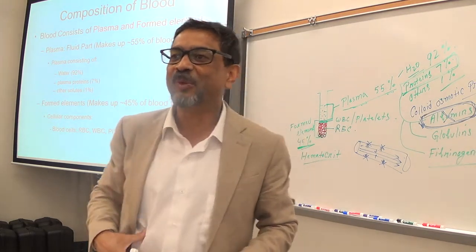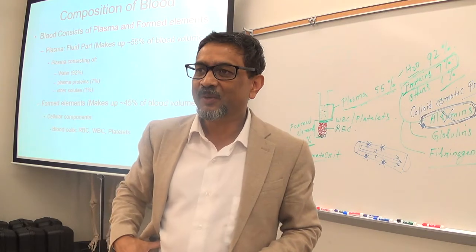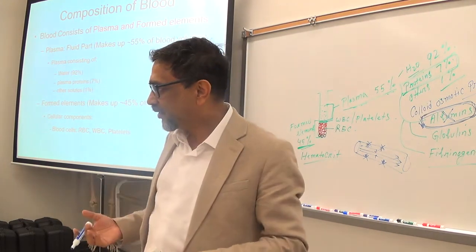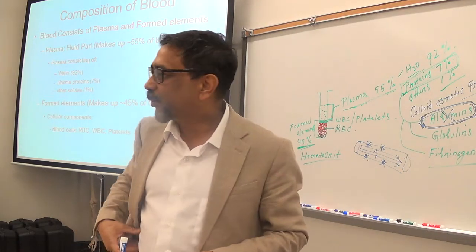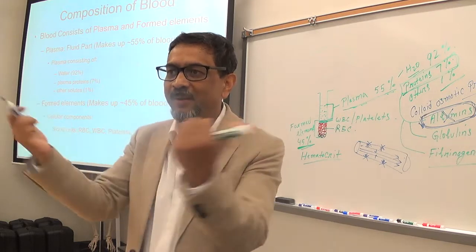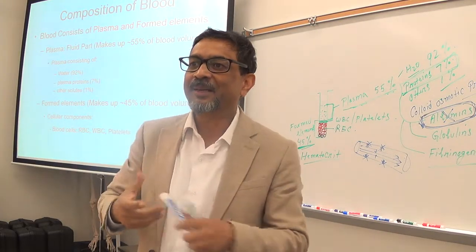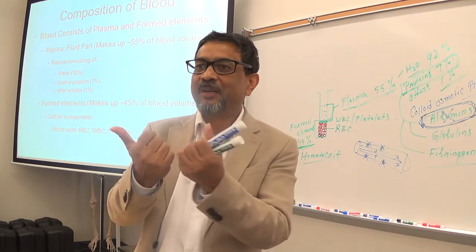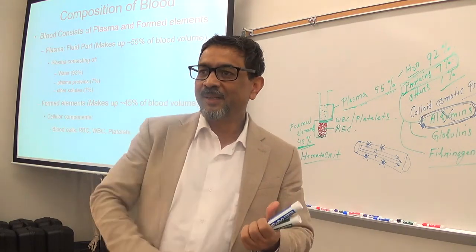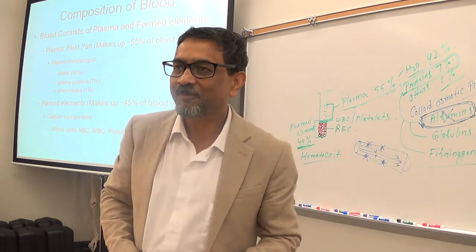Liver produces albumin, plasma protein. So if your liver is not functioning, for example liver cirrhosis, then albumin will not be produced. So blood will tend to get out from the blood vessel, right? And plenty of plasma fluid will get out from the blood and will accumulate in the abdomen.